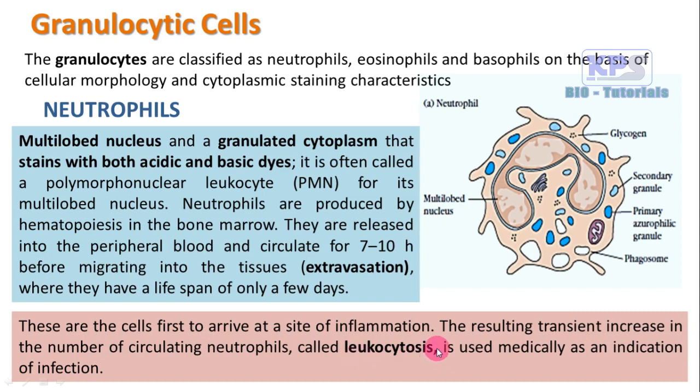So, if there is any inflammation in that region, there will be a rapid, transient increase in the number of circulating neutrophils. That condition is said to be leukocytosis. This is used as a medical indication of infection. So, if there is leukocytosis, that indicates there is an infection.